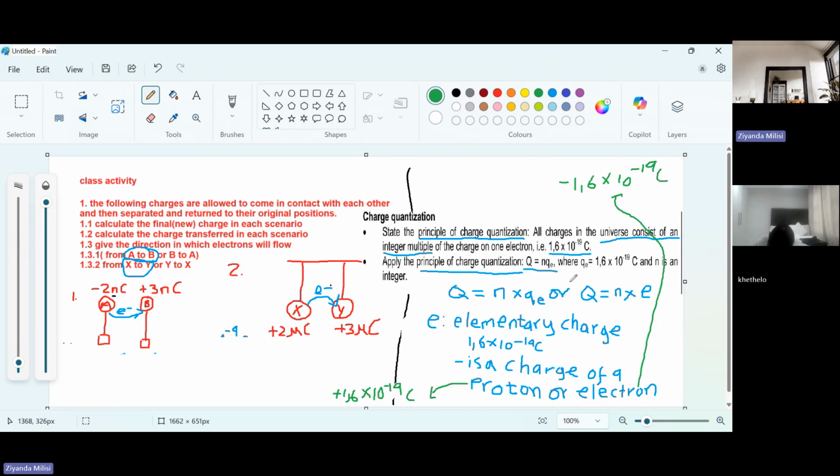So there is this equation now that you have learned. They give it in the data sheet. How they write it in the data sheet, we can make n the subject of the formula.